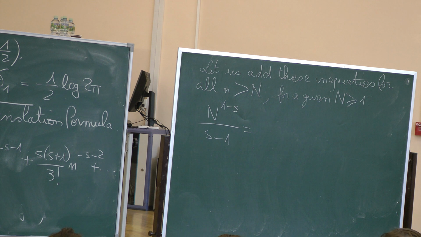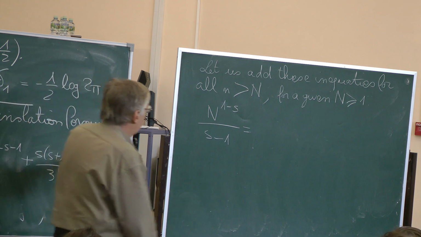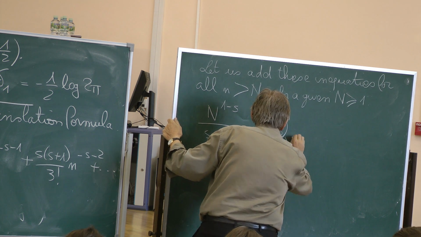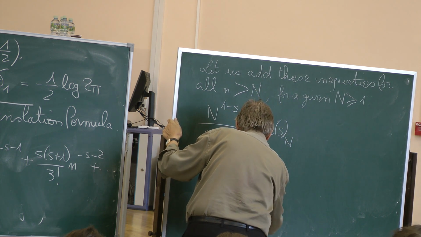And now here I have to sum the n to the minus s for all n strictly bigger than capital N. I will call this zeta s index N. So what is zeta s index capital N?